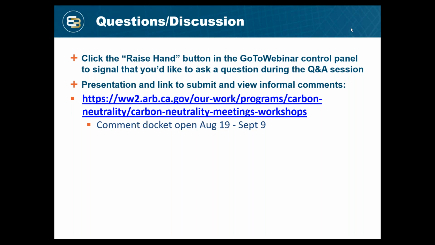So we acknowledge that moving this target up makes the challenge even more daunting, but just the same, we have to. So this is a two-part question. How is ARB addressing this realization that we have to move our targets up for carbon neutrality? And what's needed to update these targets to align with the most current science? Thank you.